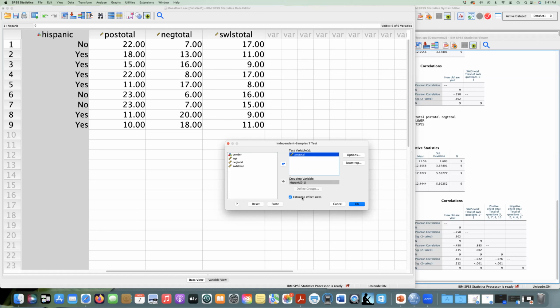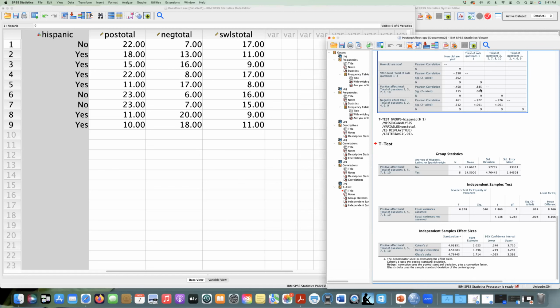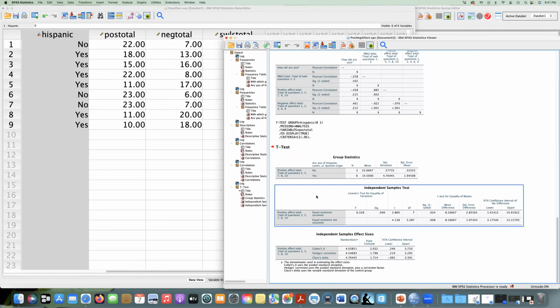I do want to estimate effect sizes. We could look at options, but we're going to leave this. We could change our confidence interval, but we're not going to worry about that. So I'm going to say OK. Again, this is in the same output that I've been working on, and you can see our results here.